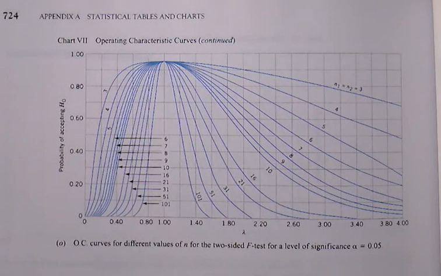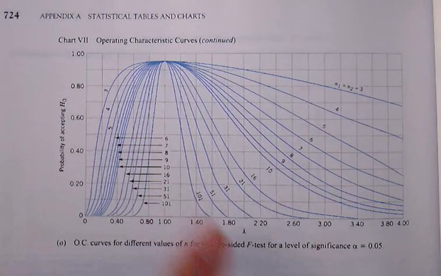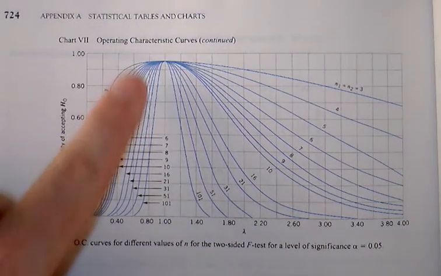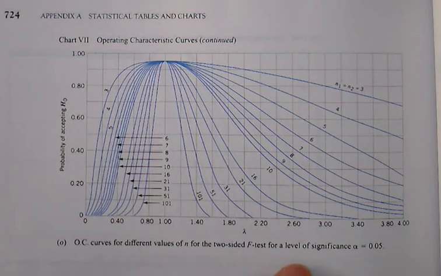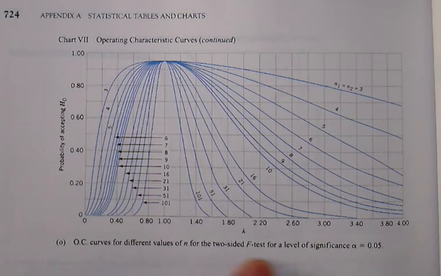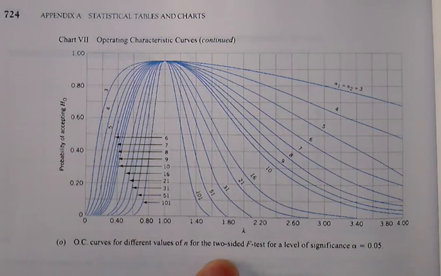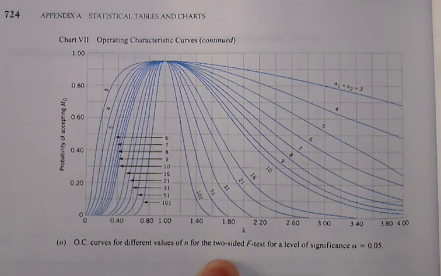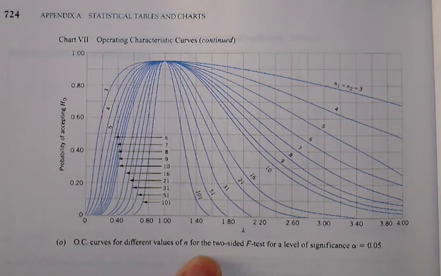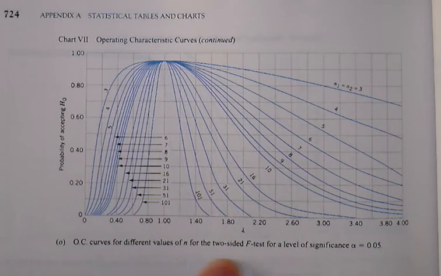And remember the chart 7s are the operating characteristic curves under special cases. This special case is that the sample sizes are the same. Now they don't say that in these tables themselves. That kind of bothers me a lot. They just assume you know and that you've read the book, and back in the book it tells you that. So that's kind of crummy, but it is what it is.